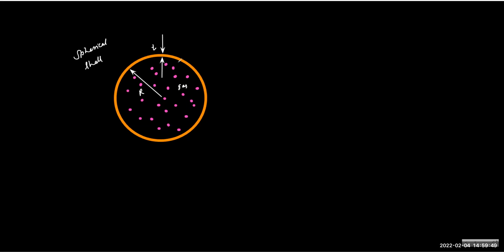We may have some inlet, I'm not showing that. So the question is, if sigma B is the breaking stress of the shell, what is the maximum pressure that we can develop?